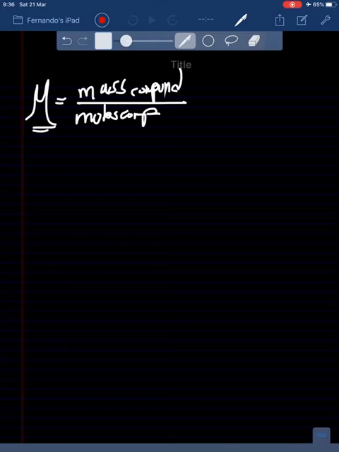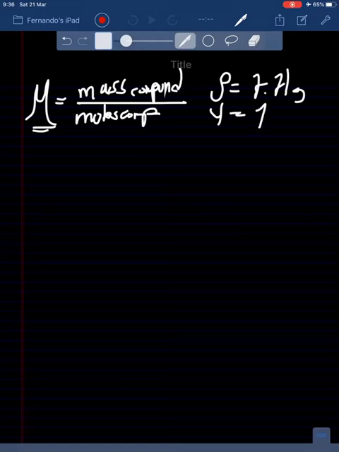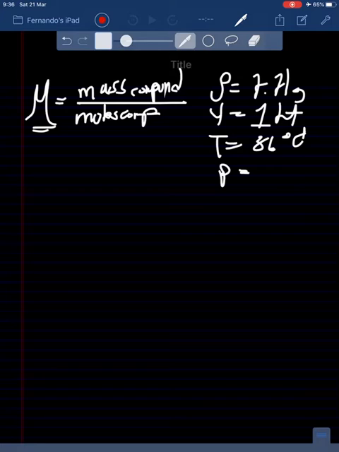I also know that the density is 7.71 grams. I know that my volume is going to be 1 liter. I also know that my temperature is going to be 36 Celsius, and my pressure is going to be 2.88 atmospheres.